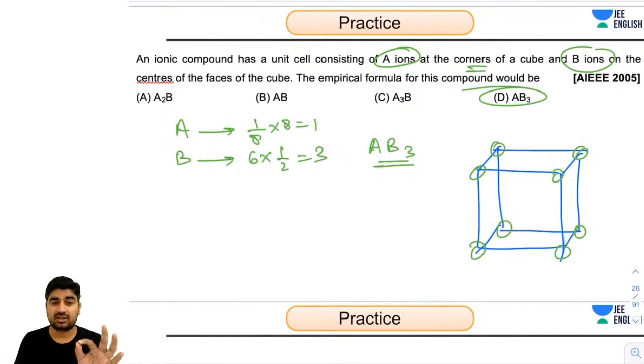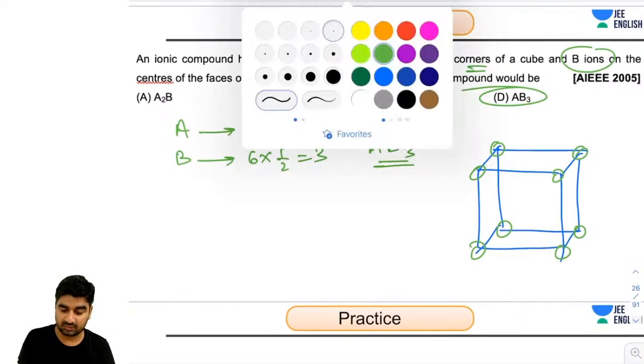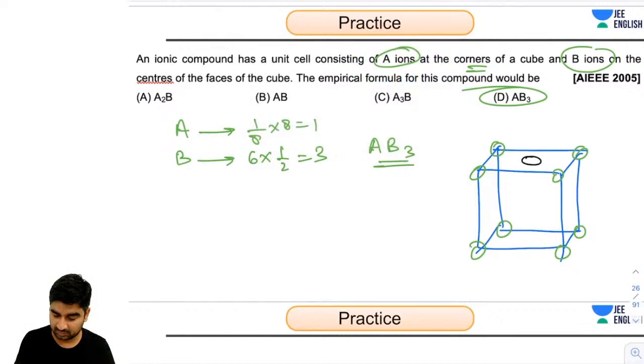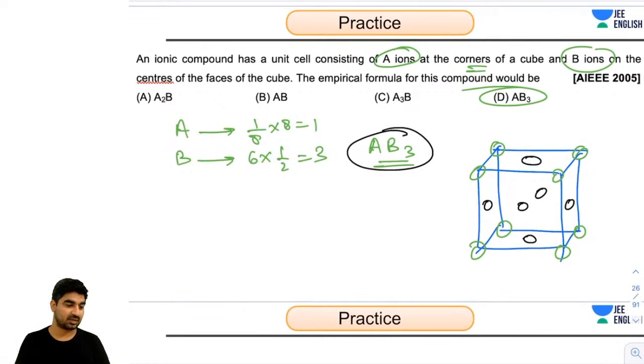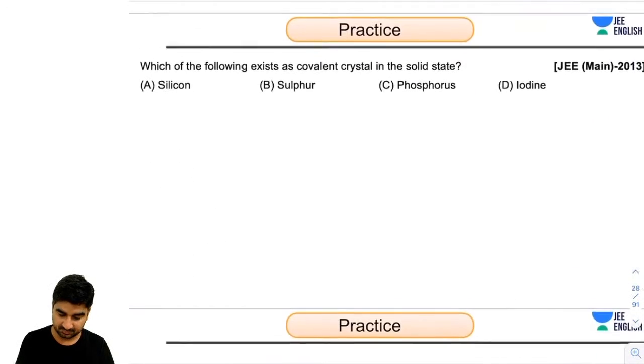And in each cube we have 6 faces, so atoms will occupy the face centers here: 1, 2, 3, 4, 5 and 6. Done. So guys, this is AB3. Tell me if you have any doubt. No doubt, so now let's move to the next problem, guys.